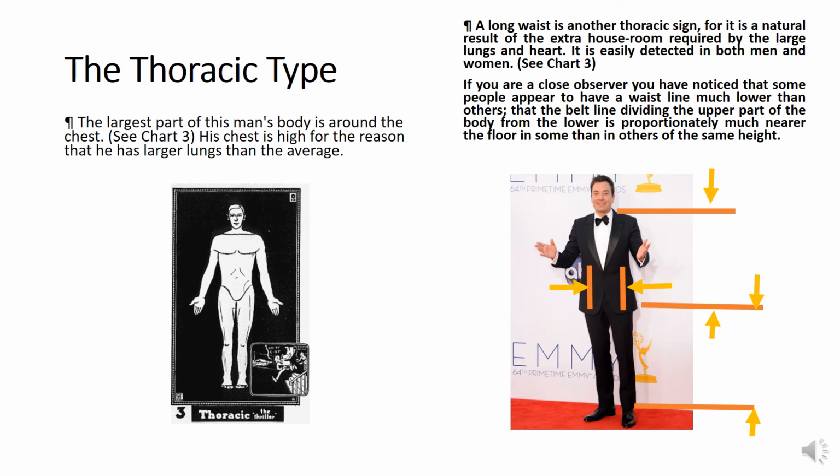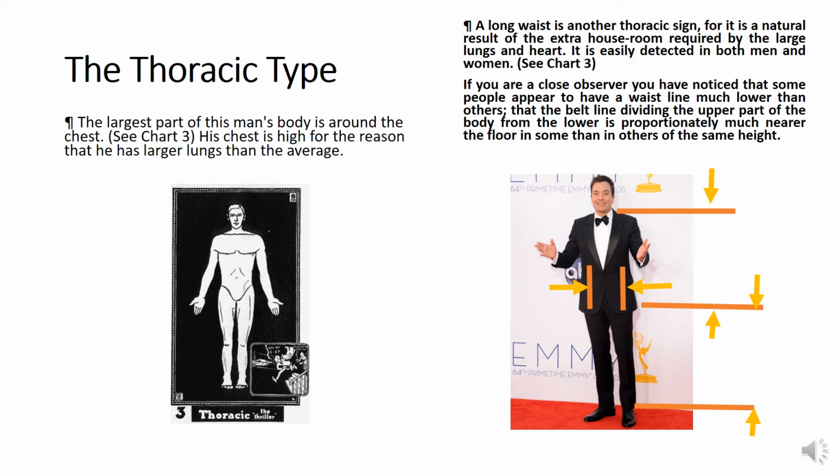Now we come to the second one, the thoracic type. This type has small hips. The largest part of the human body is around the wide chest. This chest is high because he has larger lungs than the average. So here you have Jimmy Fallon on the right.